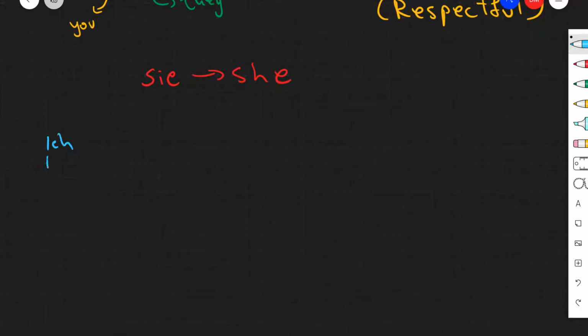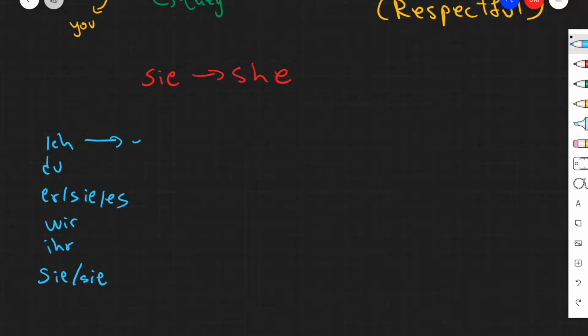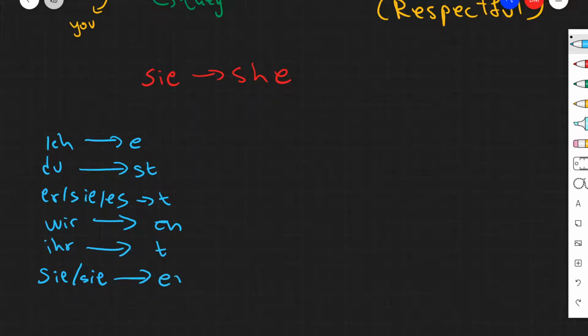Ich, du, er, sie, es, wir, ihr, sie, Sie. So ich ended with a simple E, du with ST, er/sie/es with T, wir with EN, ihr with T, sie with EN, Sie with EN.